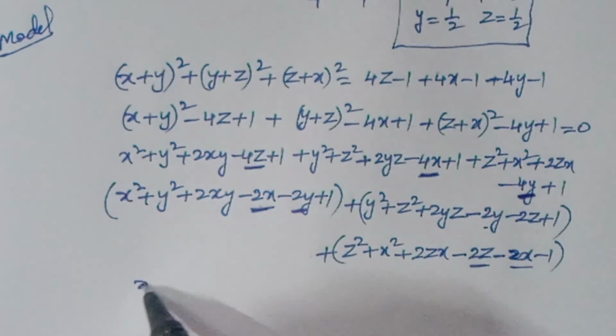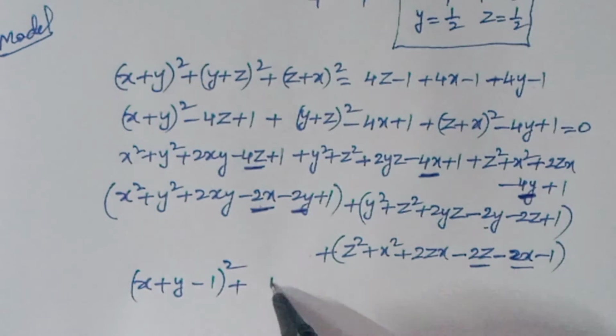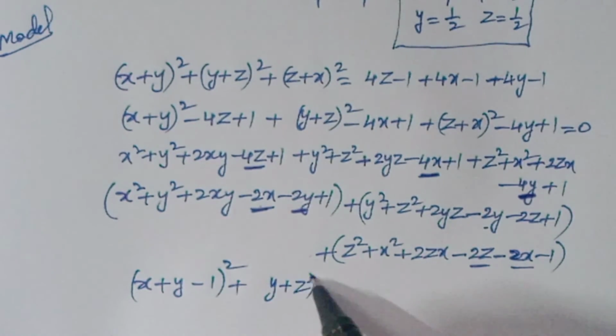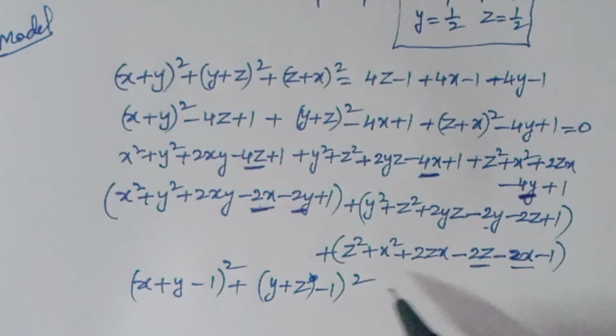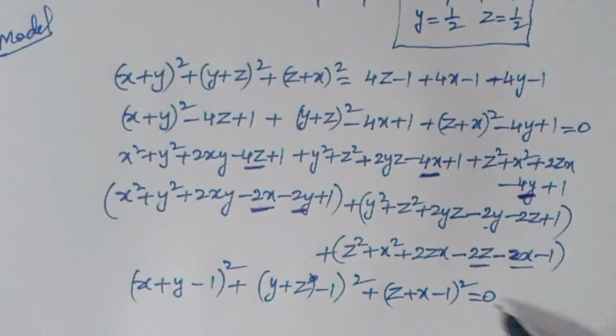So this can be written as (x plus y minus 1) whole square plus (y plus z minus 1) whole square plus (z plus x minus 1) whole square equal to 0.